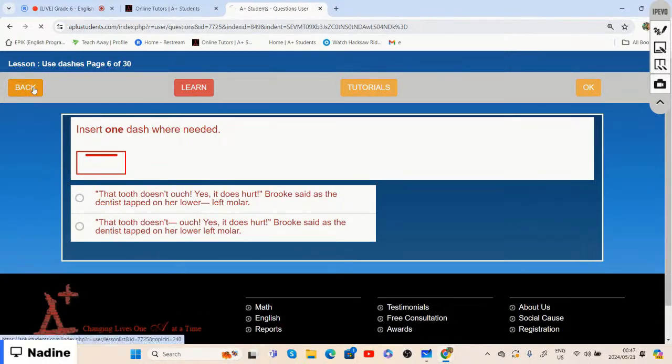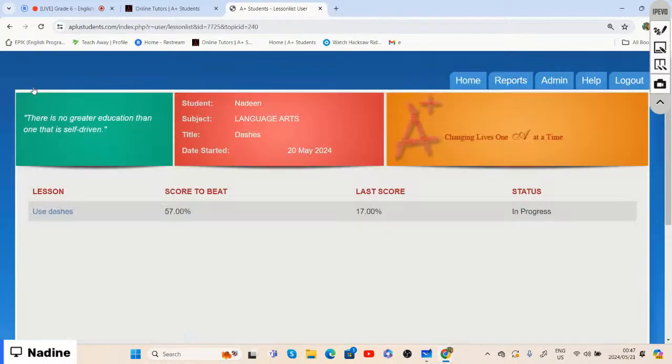All right. So that is now the end of our lesson on dashes. We said that we use dashes to show a pause within a sentence. And usually dashes within a sentence set off extra explanations, additional information, or additional details.